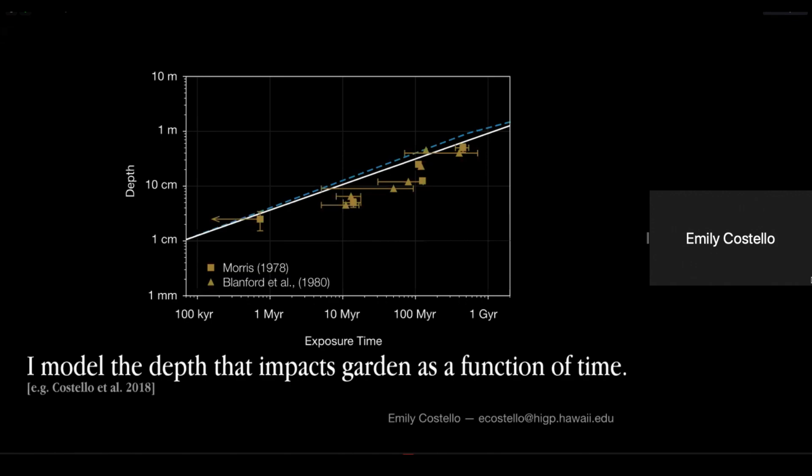Now, the dotted blue line is a completely theoretical production where I've put in a model of the flux of secondary impacts that includes assumptions about how many secondaries are produced per primary impactor, the velocity of those secondaries, the material properties of the surface regolith, including yield strength, porosity, and density, and also the density of the impactor itself.